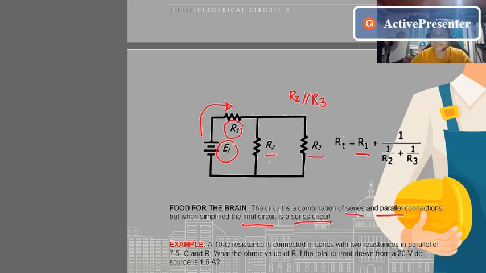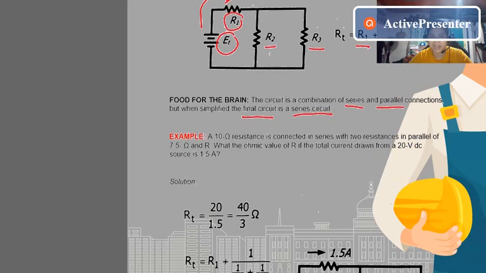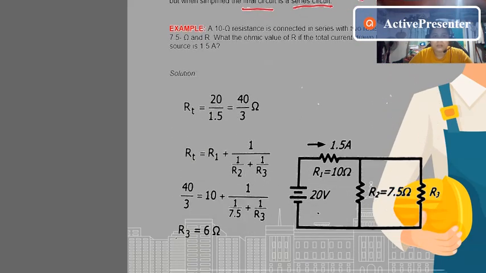So, if we apply for our example sa series parallel, a 10 ohm resistance is connected in series with two resistances in parallel of 7.5 ohms and R. What is the ohmic value of R if the total current drawn from a 20 volts DC source is 1.5 ampere?